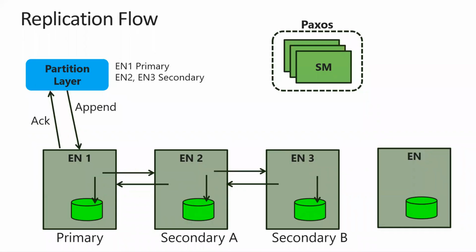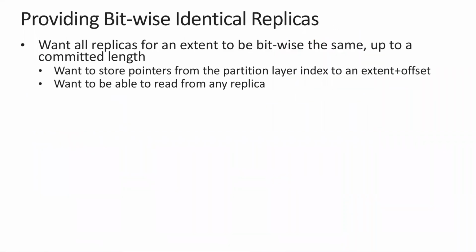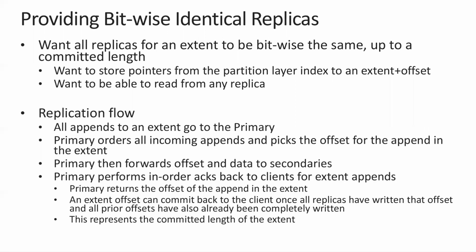Some details about these. Basically, we want to store bitwise identical replicas of data in the extent, and then we want to store the pointers: in which extent the block is stored, and what is the offset to get to that particular block of data. All that information is stored in the partition layer, right?